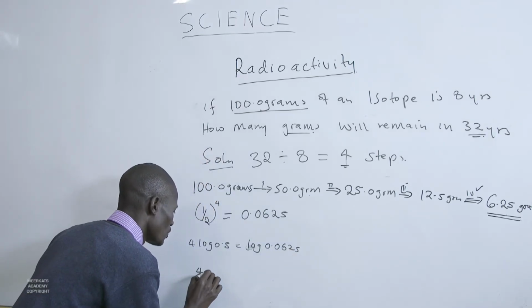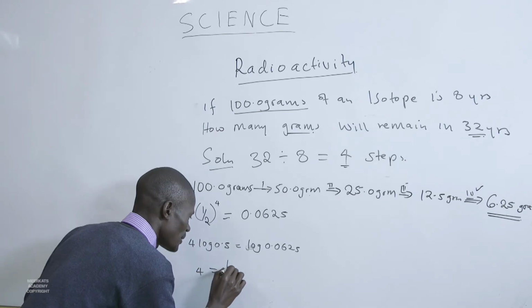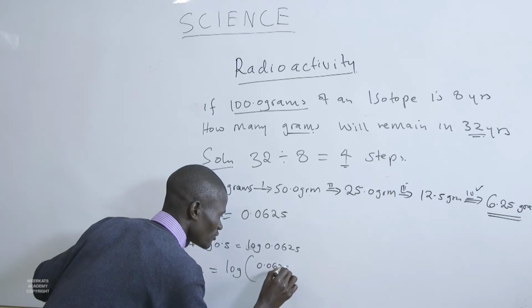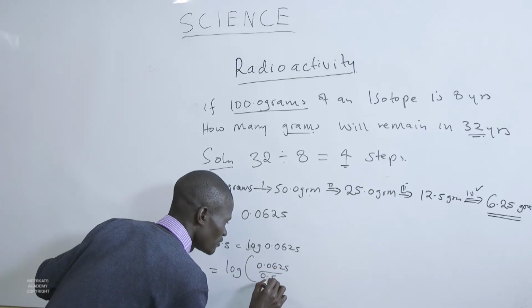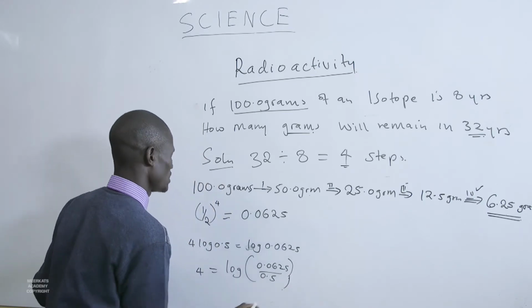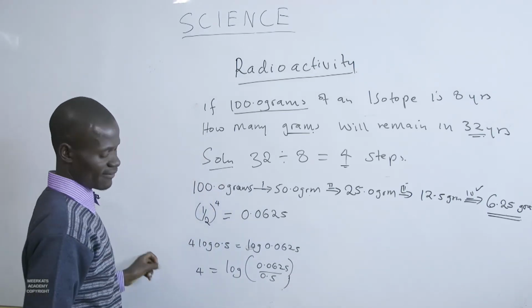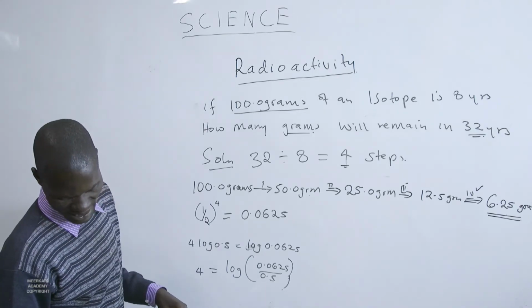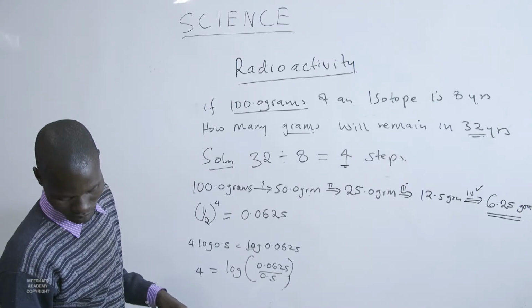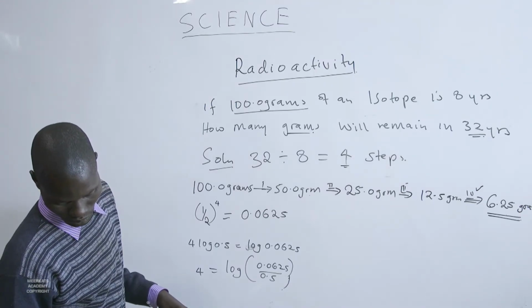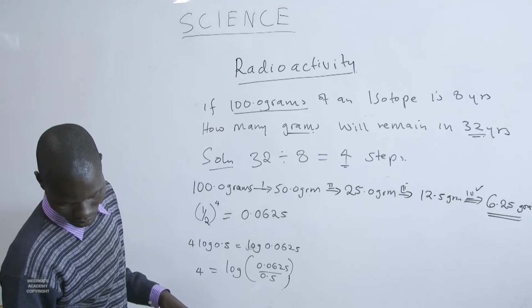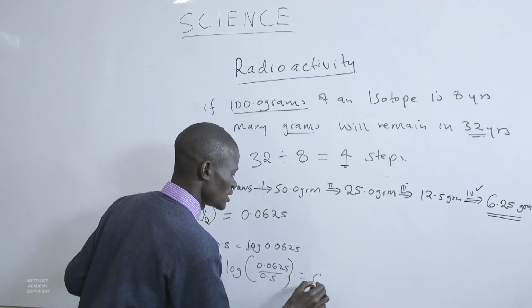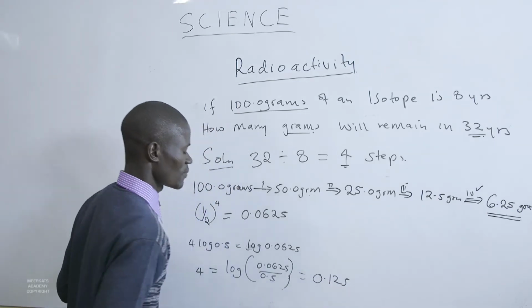Then we get 4, and then we divide by the log, that is 0.0625, divided by 0.5. It's going to give us, when we divide in the subsequent, 0.125.